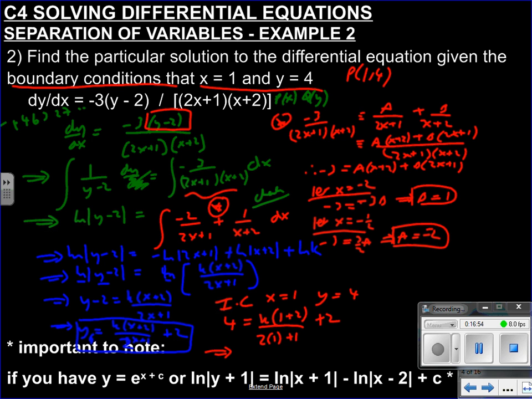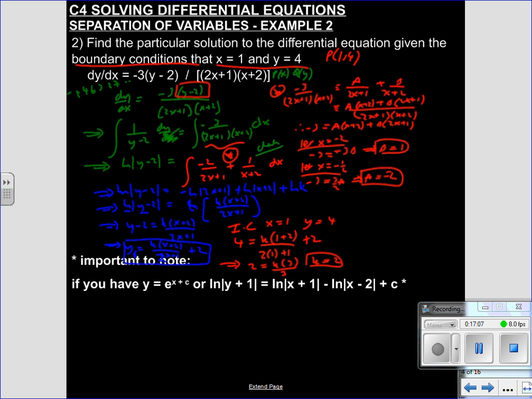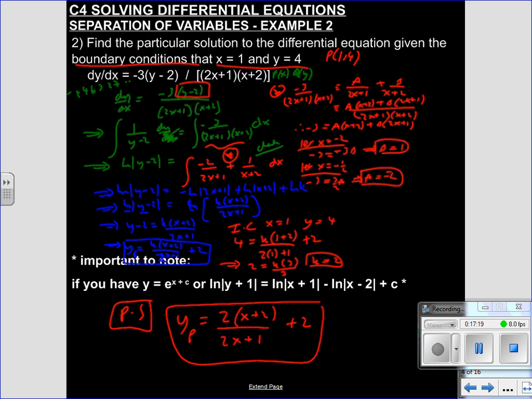So what do we get? We get 4 take 2 is 2 equals k lots of 3 over 3, and therefore k must equal 2. So to finish, our particular solution is going to be yp is 2 lots of x plus 2 over 2x plus 1, plus 2. And it's finished.